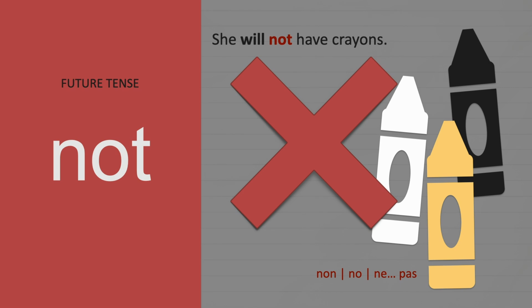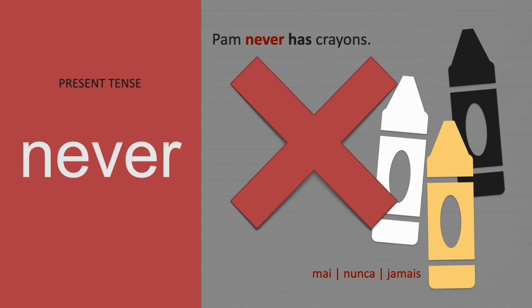All right, now let's try a different negative. Pam never has crayons. How would you say this in the past tense? She never had crayons. Good.